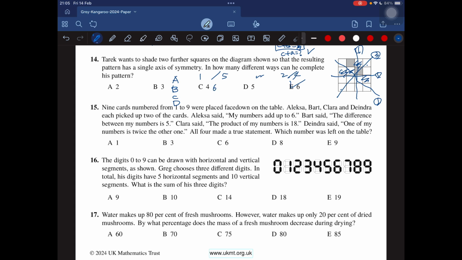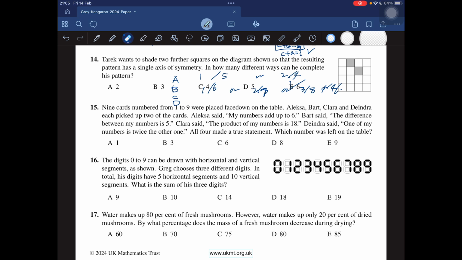So 1 and 6, or 2 and 7, or 3 and 8, or 4 and 9. And C, the product of my numbers is 18, so 2 and 9, or 3 and 6. One of my numbers is twice the other. So 2 and 4, 3 and 6, 4 and 8, like this.